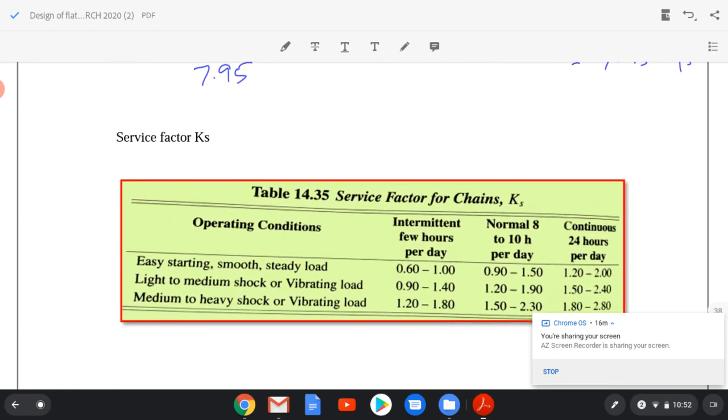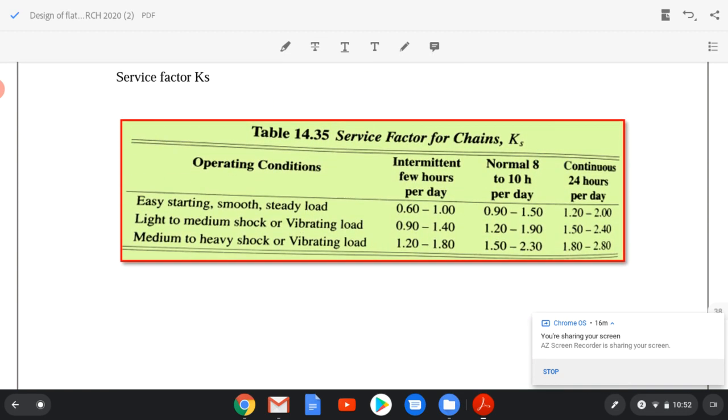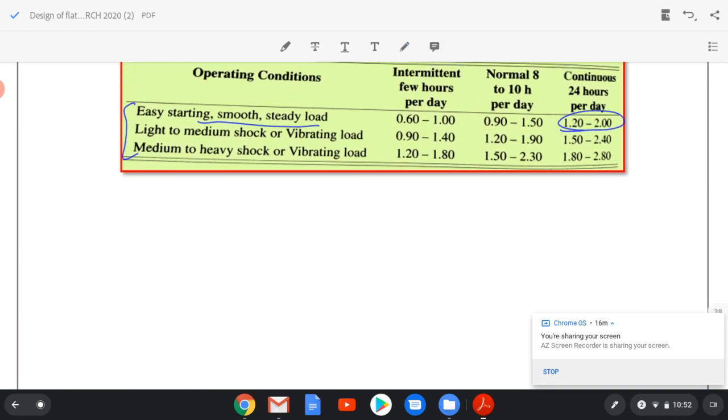Now we need to get the service factor. It is given that we have to operate for 16 hours. So I will assume one among these working conditions. If I assume easy starting, smooth, steady load, it is greater than 10 hours, so I can take in this range 1.2 to 2. If I take a mean value, I can select Ks equal to 1.6.